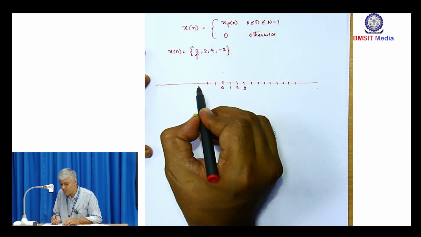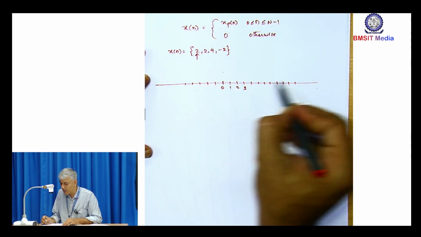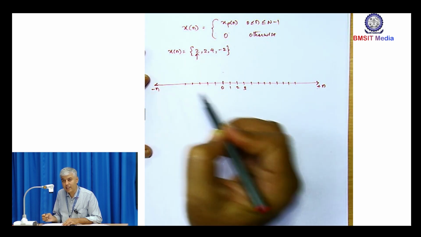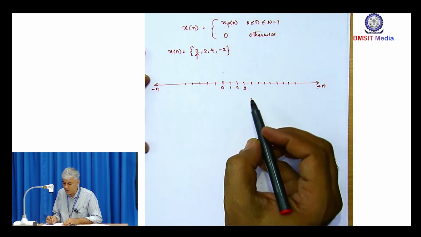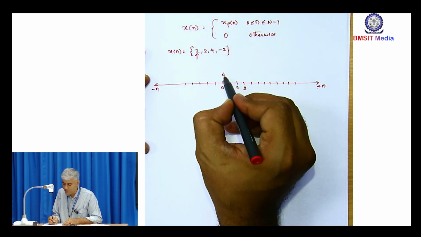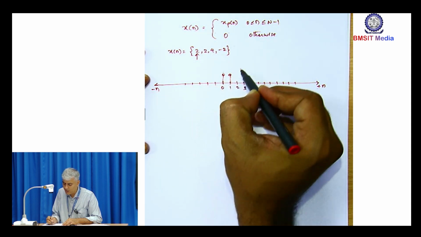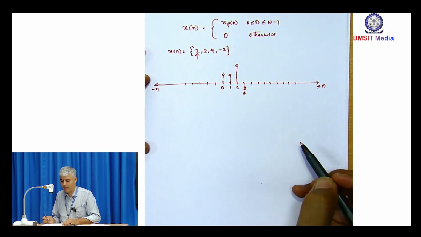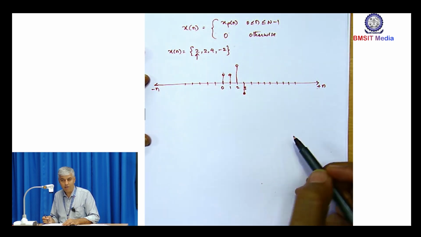Minus 1, minus 2, minus 3, minus 4 on the other side. Suppose I put this as n and minus n over here, how can the signal be represented? So this is 2, this is 2, this is 4, and this is minus 2 over here, right. This is x of n.